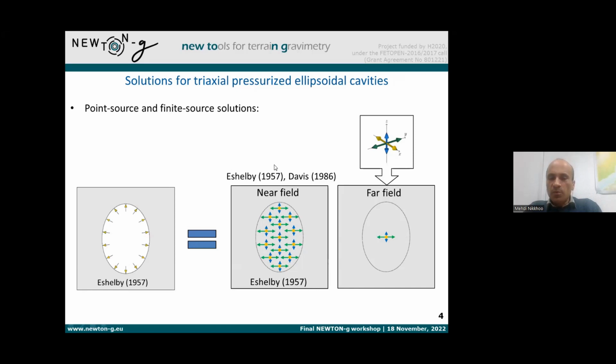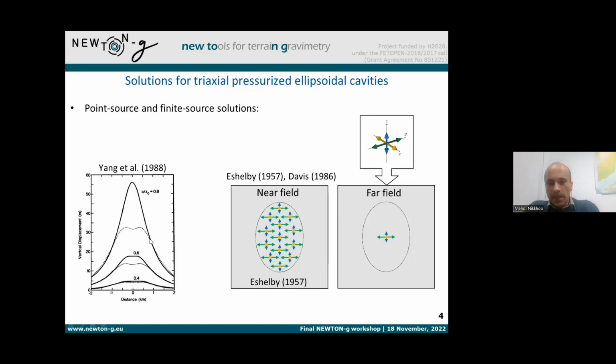And from the work done by Eshelby 1957 and Davis 1986, we know that a distribution of point sources like this, in the figure in the middle, can give us a solution for finite sources, a uniformly pressurized finite source.